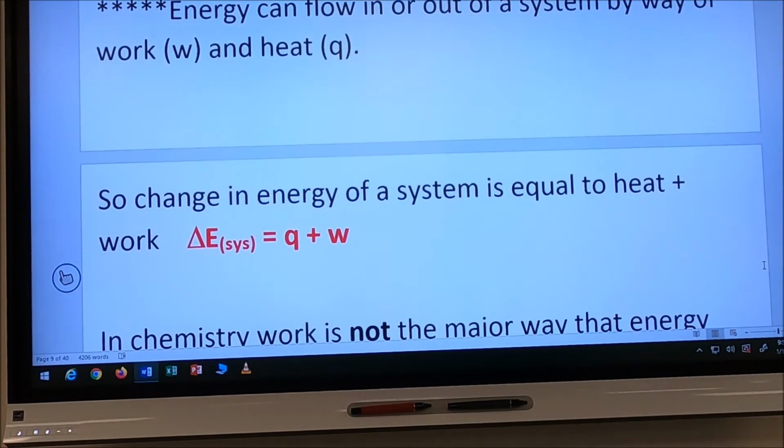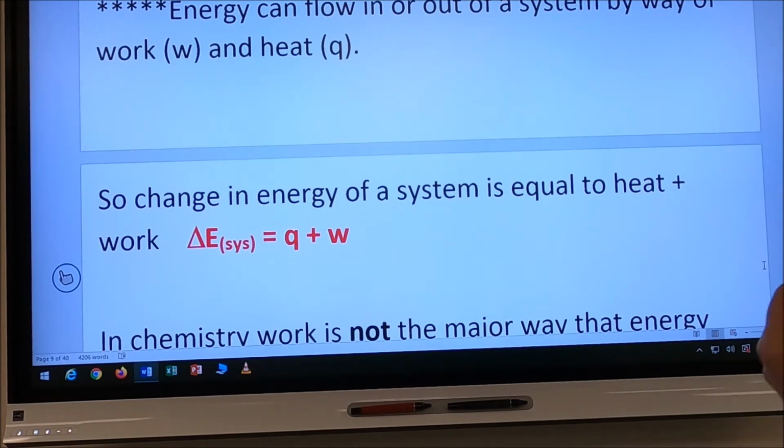Now, work, as I told you earlier, is the ability to apply a force and cause something to change its state of motion. Work is considered a large-scale, macro process. So work is not super common in chemistry.